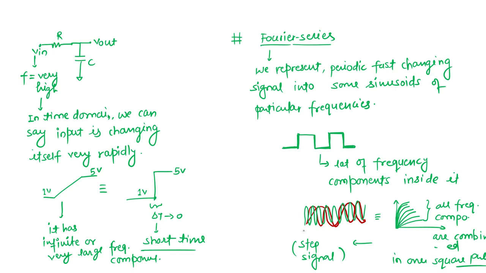It is very steep, meaning it is suddenly changing its position from here. This is a time domain representation of a sinusoidal signal. What we can see is that it is changing the state value very fast from one point to another.